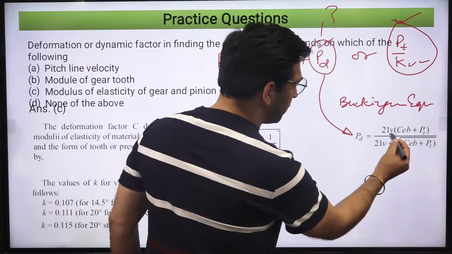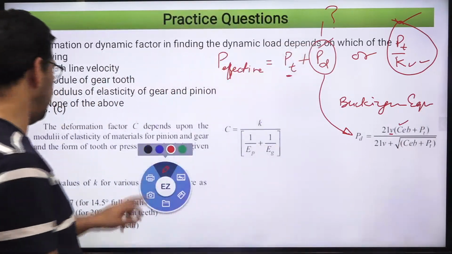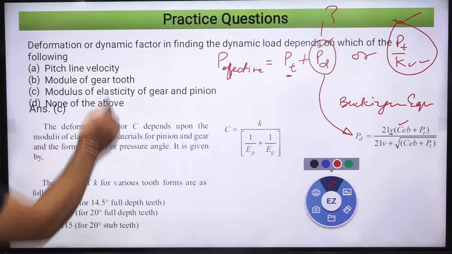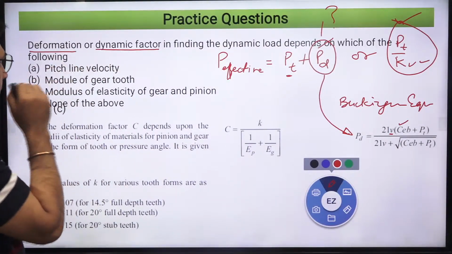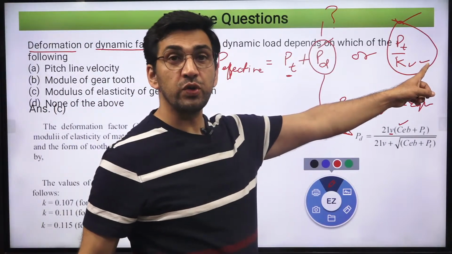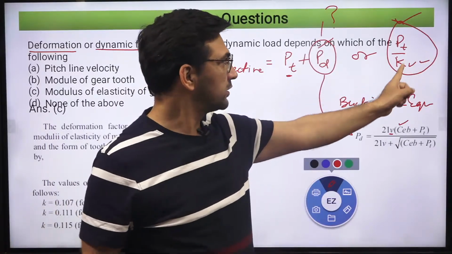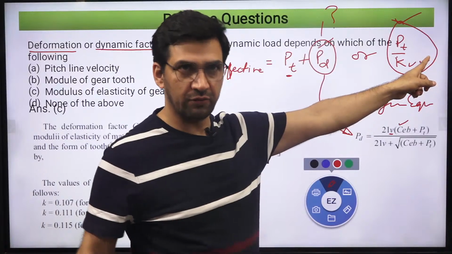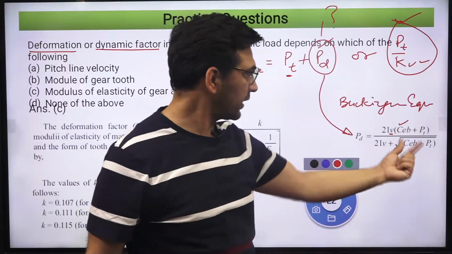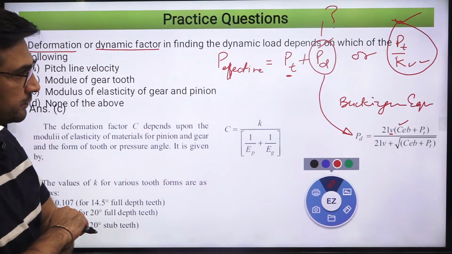This C term is what we call the deformation or dynamic factor. Sometimes we also call kV a dynamic factor, but that is as per Bhandari, which you have to keep in mind. Sometimes we call it velocity factor or dynamic factor, kV also we give this name. But over here C we call a dynamic factor or deformation factor.